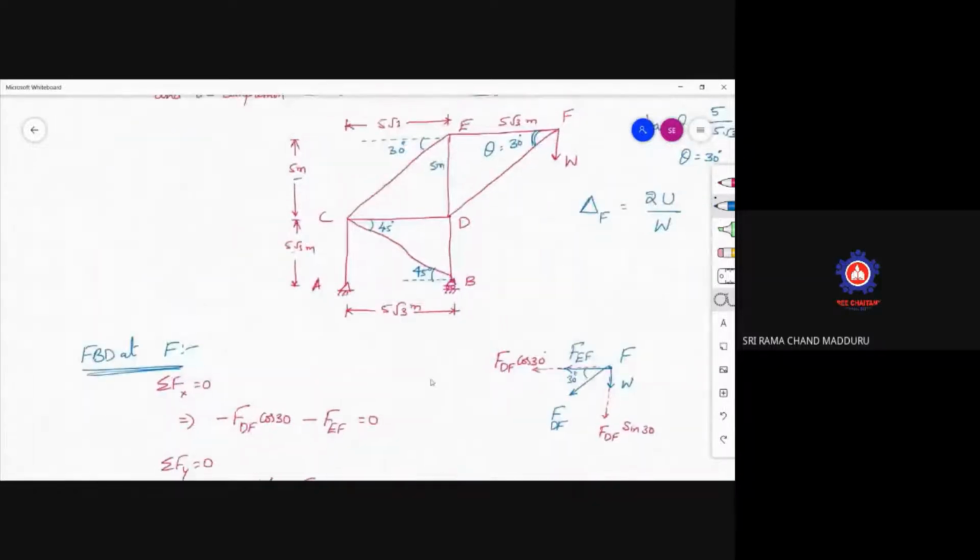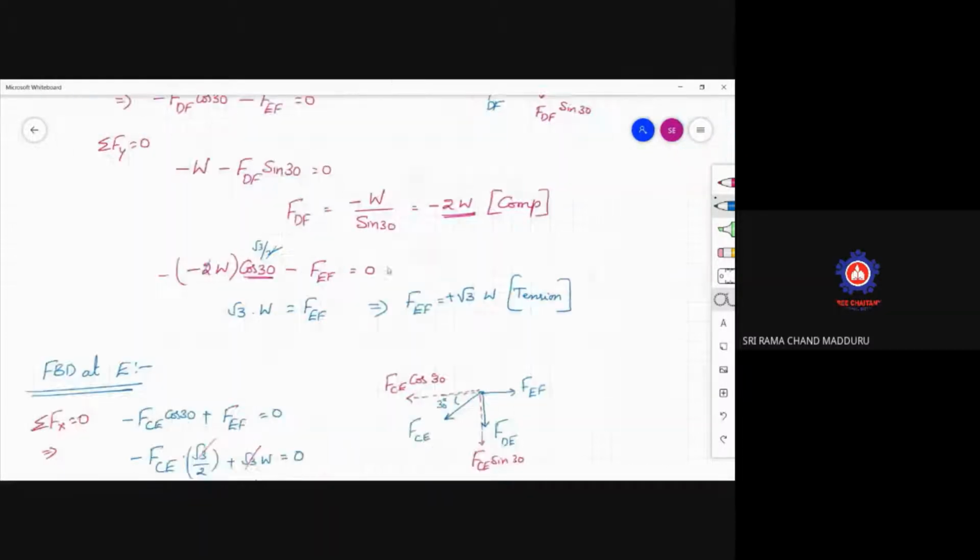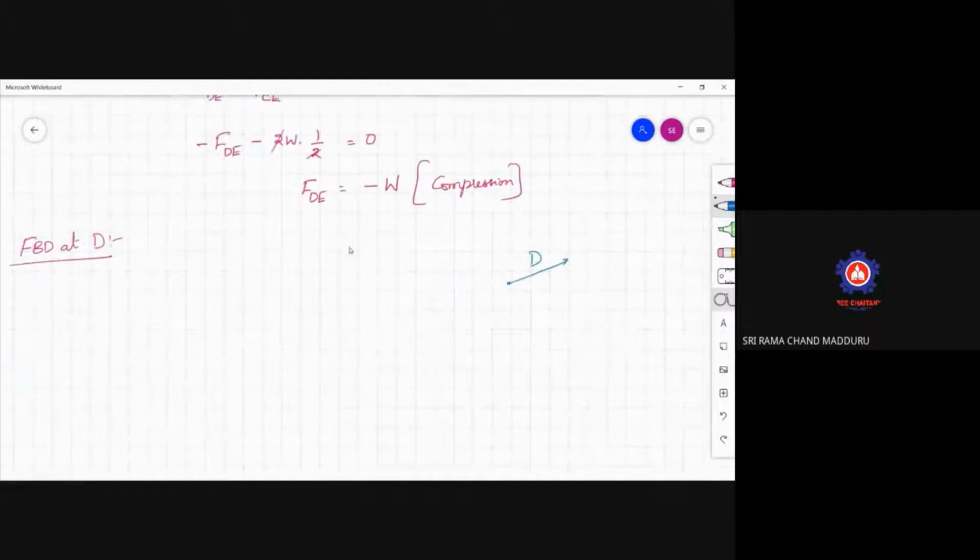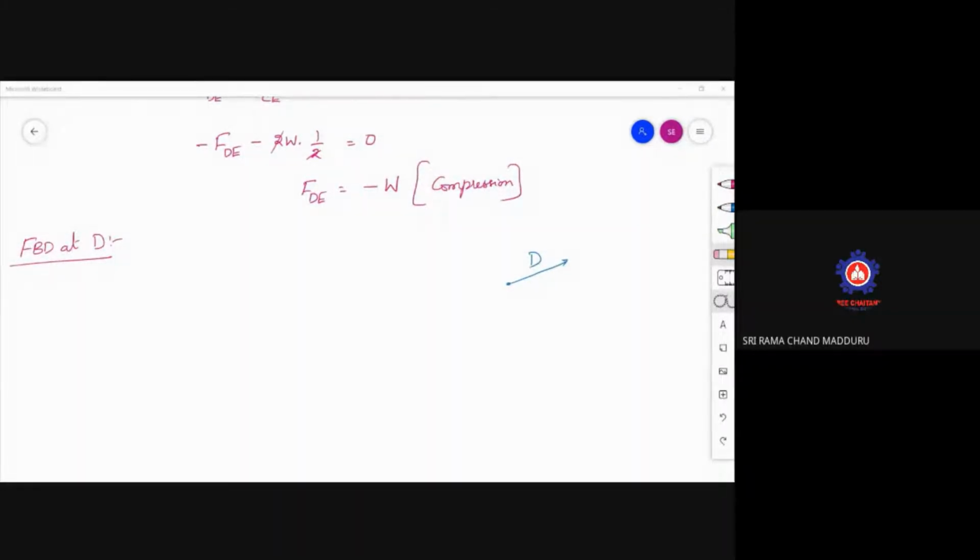And here there are four members that are meeting. DE force is also known. This DF force is also known. We have to get CD as well as BD. CD and BD forces are to be obtained. So to get that one, let me draw once again properly.